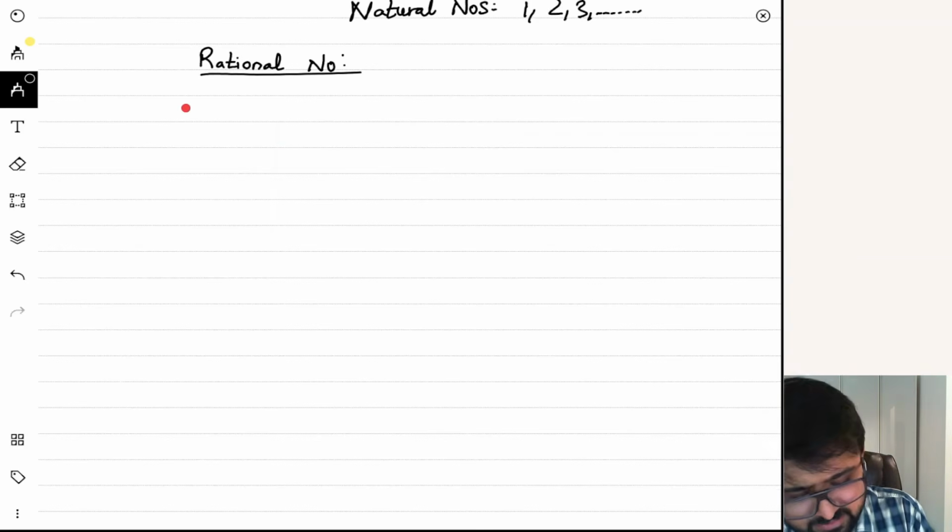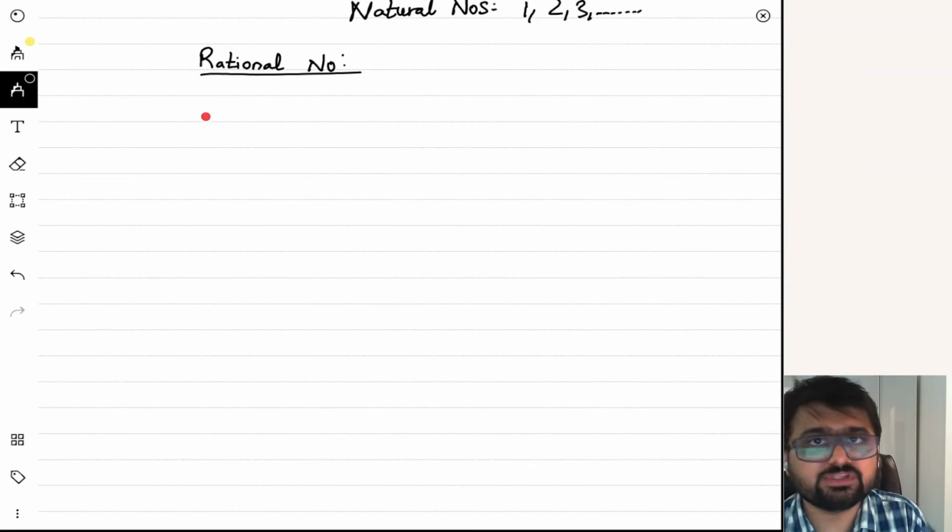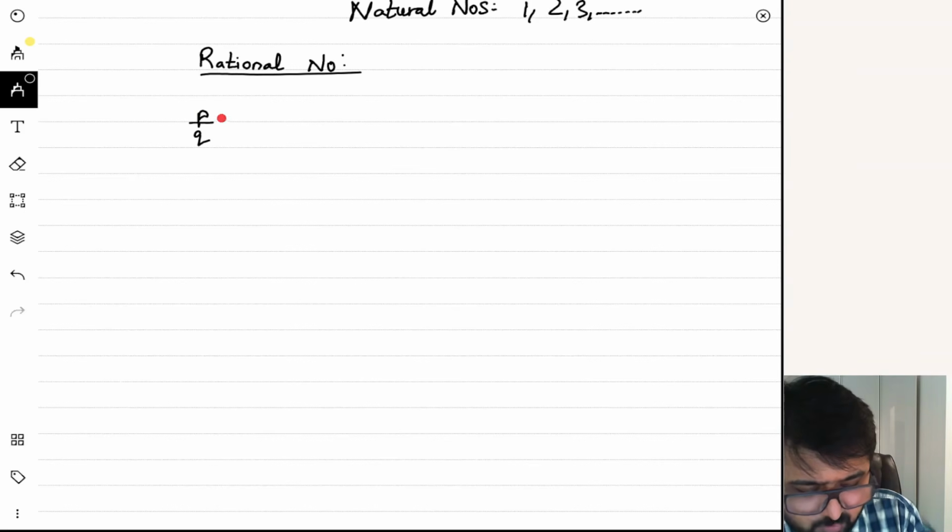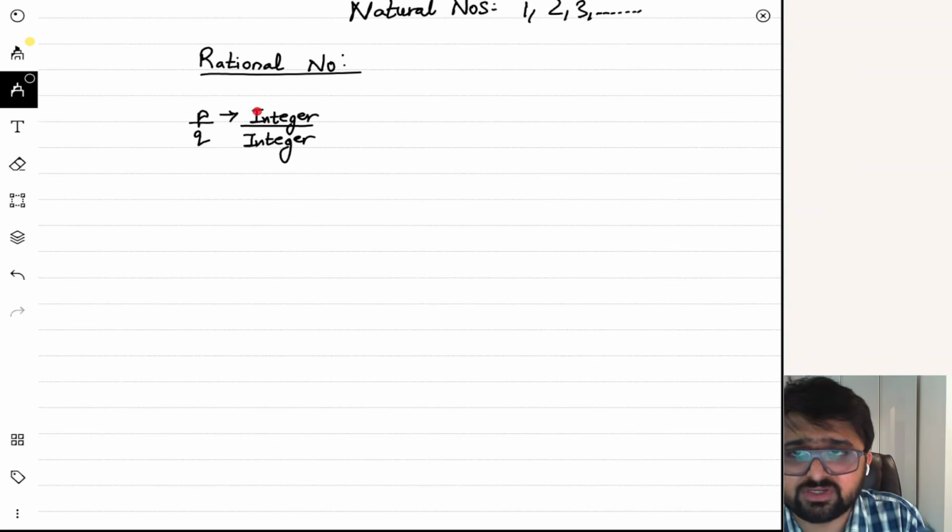Mathematically, a rational number is defined as any number which can be written in the form of p divided by q, where p is an integer and q is also an integer. So any number, numerator over denominator, which can be written in the form of p divided by q, where p and q both belong to integer Z.